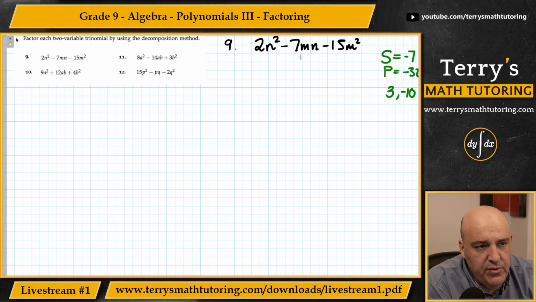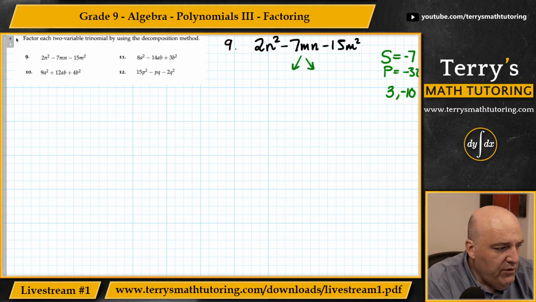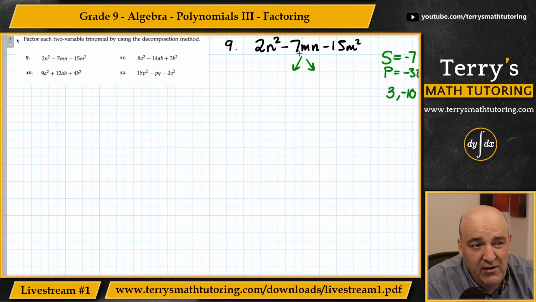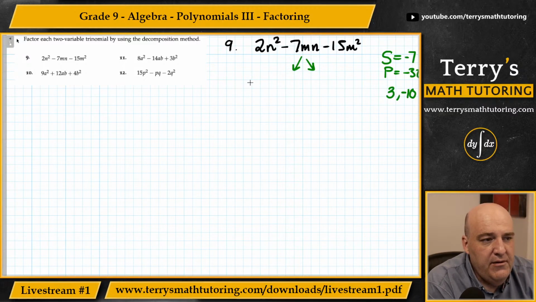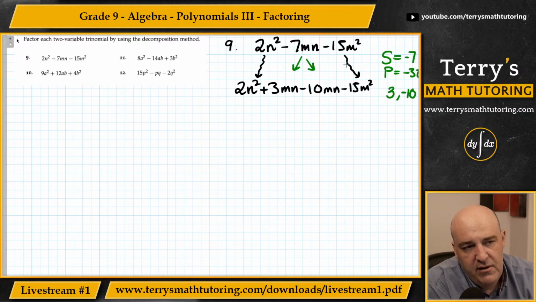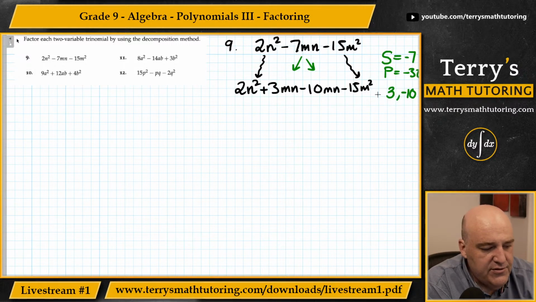And now I'm going to decompose this middle one using these 2 numbers. Before when I decomposed, I just had a single letter there. But now I have mn. So I need to write 3mn plus 3mn minus 10mn, and then minus 15m squared. Whenever you use the decomposition method, the terms on the ends are just recopied. They're the same as what they were, but the middle one gets broken into 2 pieces using these 2 nice numbers.